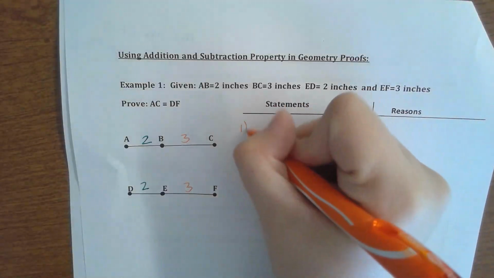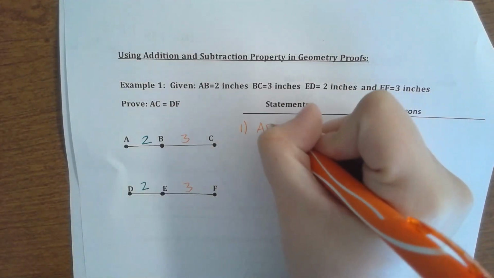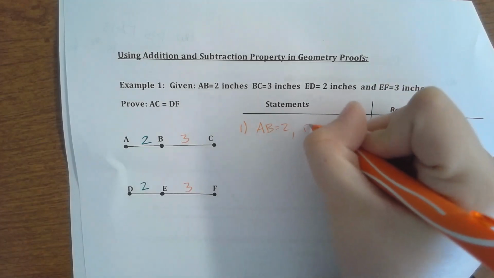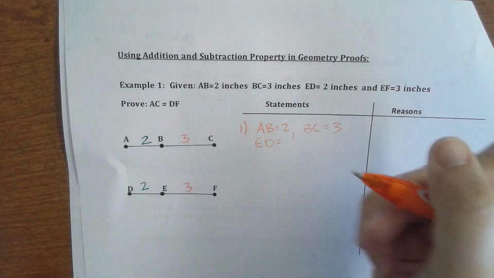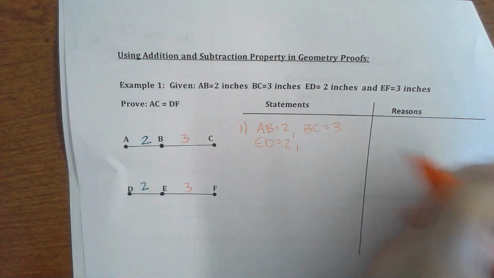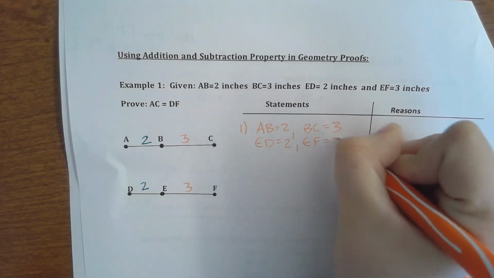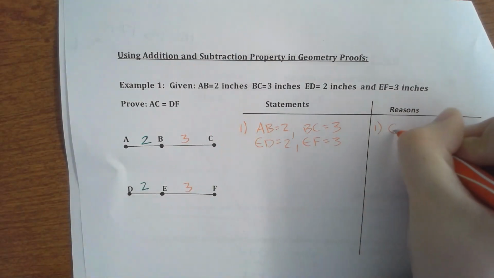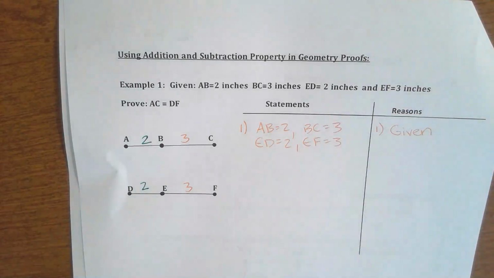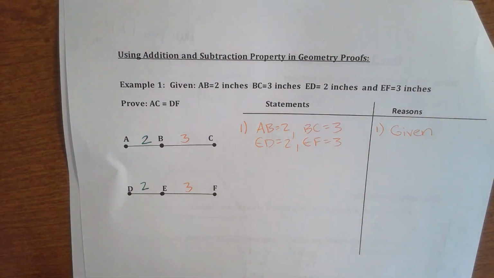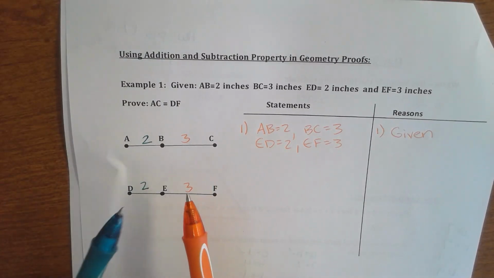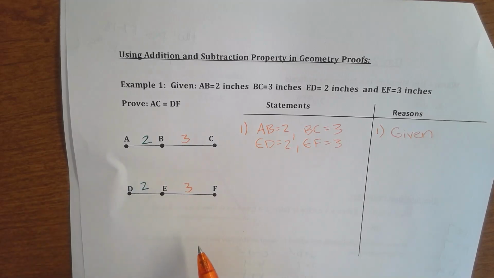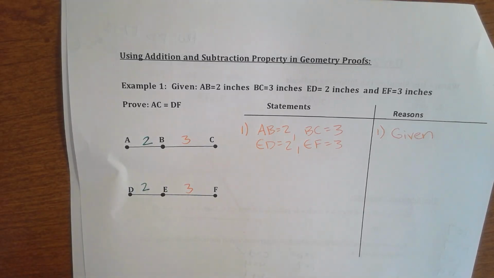In any proof, we start with our givens. Our brains, this makes sense. We know if we add these, we get 5. If we add these, we get 5. 5 equals 5. We have to show it with the letters and the pieces instead of the numbers.